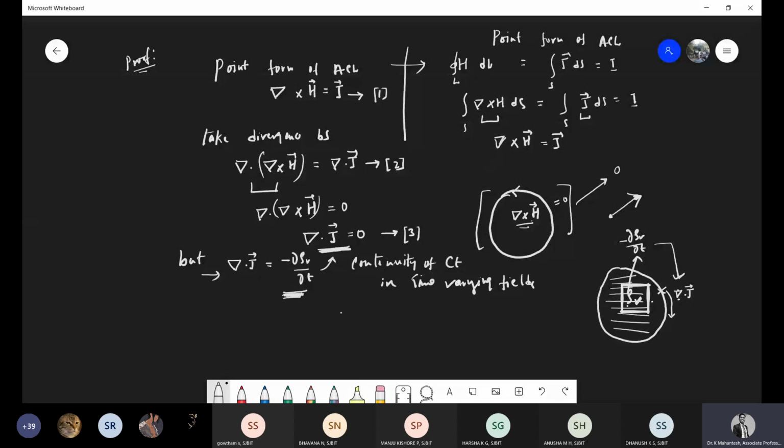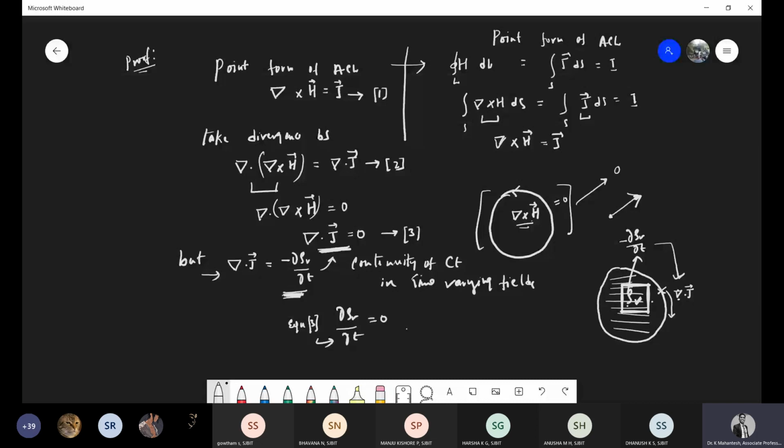So dou rho v by dou t is equal to 0, and it cannot be applicable for time varying fields. So equation 3 says that dou rho v by dou t is equal to 0 and is not applicable.